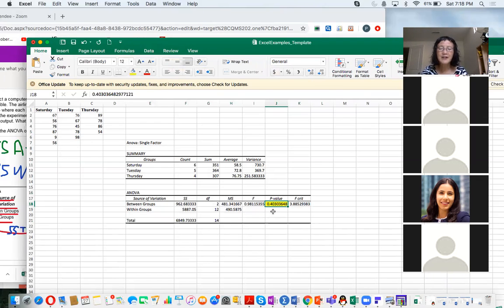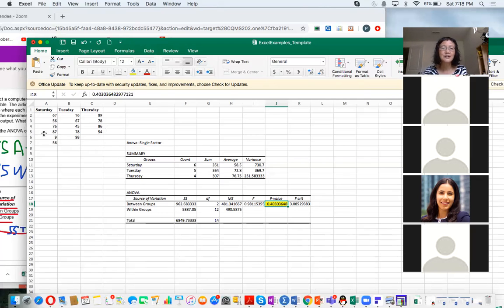Based on this p-value, 0.4, alpha is 0.05, the p-value is greater than alpha. When the p-value is greater than alpha, do not reject H0. What is my H0? H0 says mu1 equals mu2 equals mu3, meaning those three population means are not significantly different at the 0.05 level of significance.